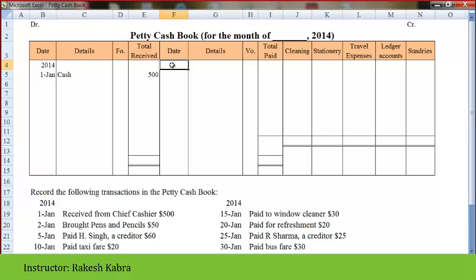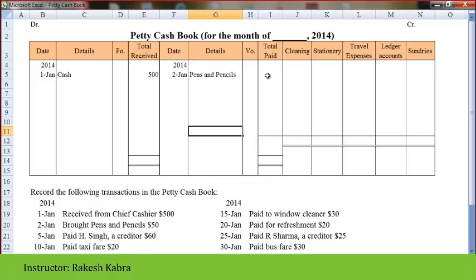So first I will write the year 2014, and on January 2nd, what is the payment? We brought pens and pencils, isn't it? So I will write here the detail of the item we brought, pens and pencils.